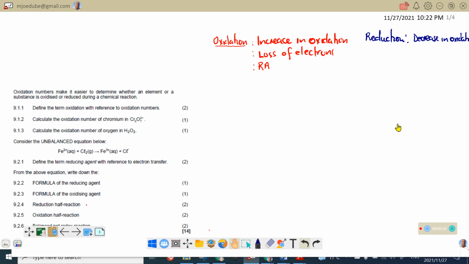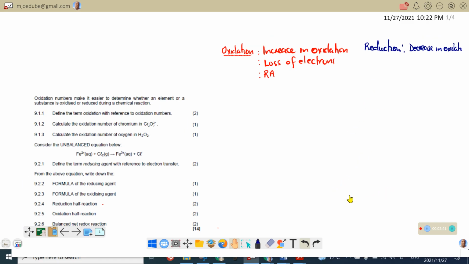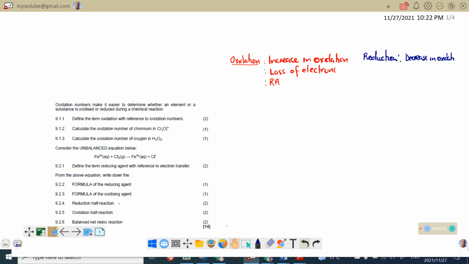So reduction is a decrease in the oxidation number of the species, and it happens through the gain of electrons.